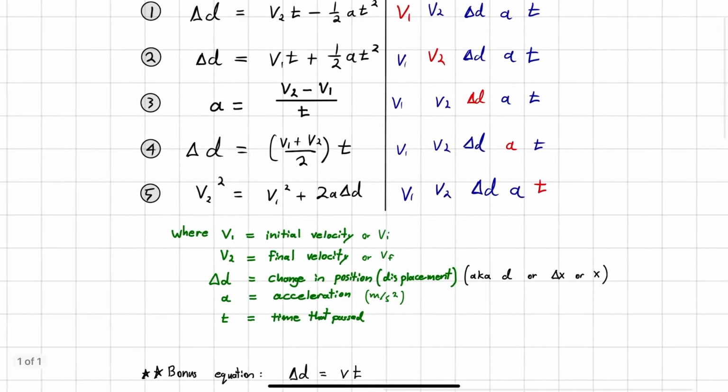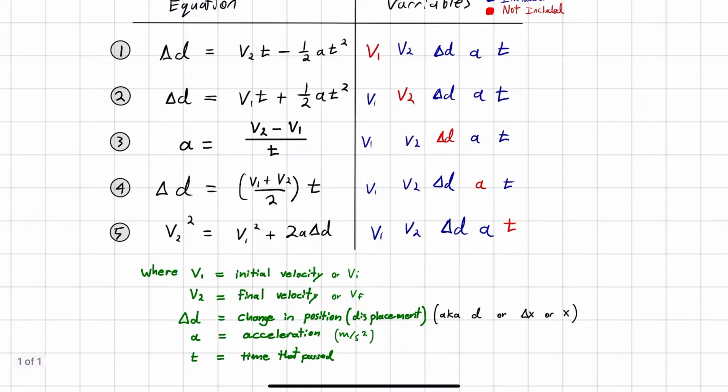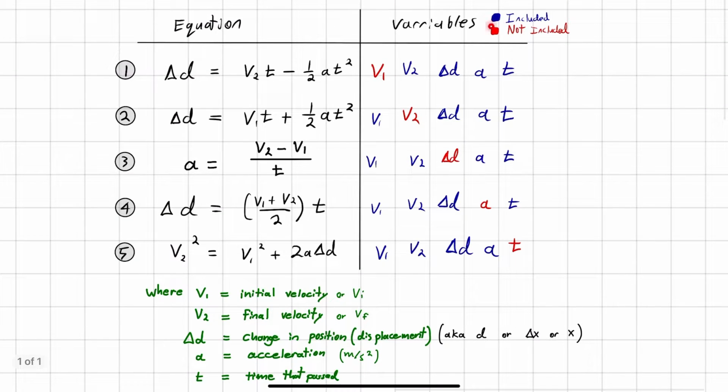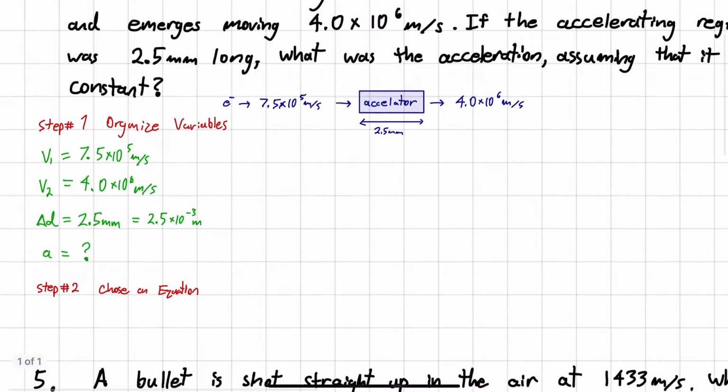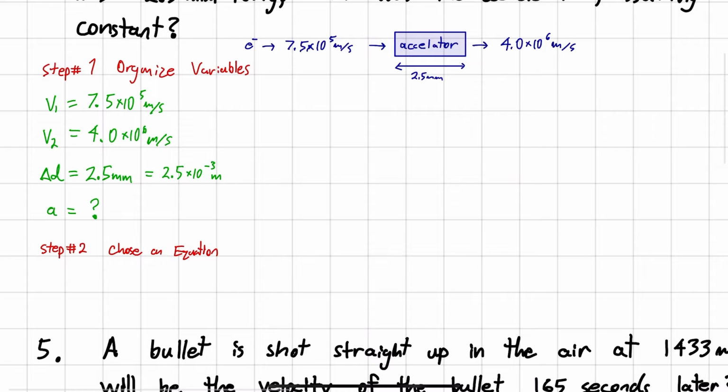So which equation includes all the variables that we're using? Well, looks like equation 5, V1, V2, delta D, and acceleration are all used in this equation. So that's going to be the one that we're going to use. Therefore, we are going to use equation number 5.